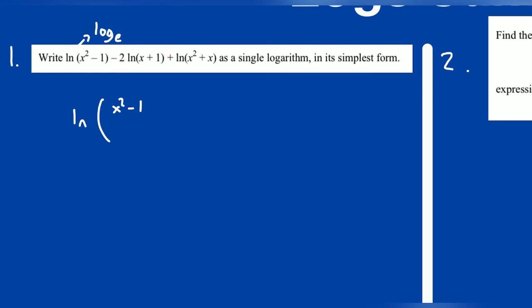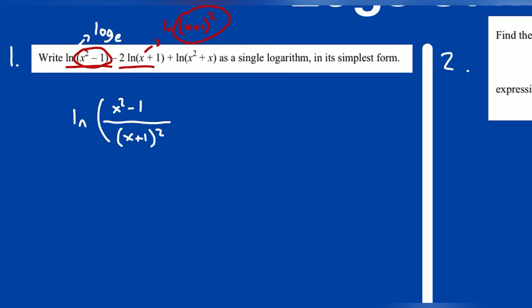So if we were to rewrite this as ln x plus 1 squared, we can see that this is subtracting this. So that means this argument will be over, like when you divide, it'll be over this. So the final thing will be x squared minus 1 over x plus 1 whole squared.